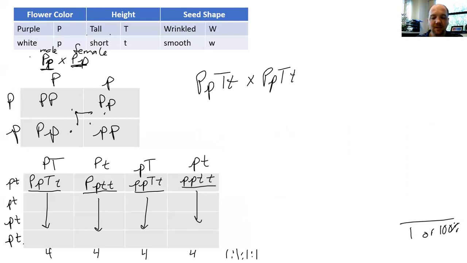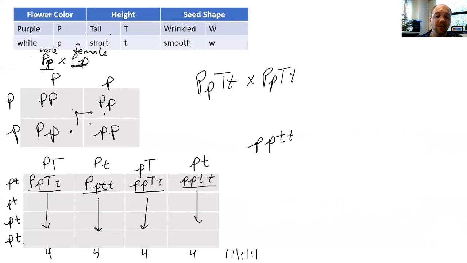Specifically, what's the probability that we're going to get an offspring that is white and short, meaning that they have both recessive traits? They'd have to be homozygous for both recessive traits. So what's the probability of getting an offspring that is homozygous recessive for both traits, in other words, they have white flowers and they're short?